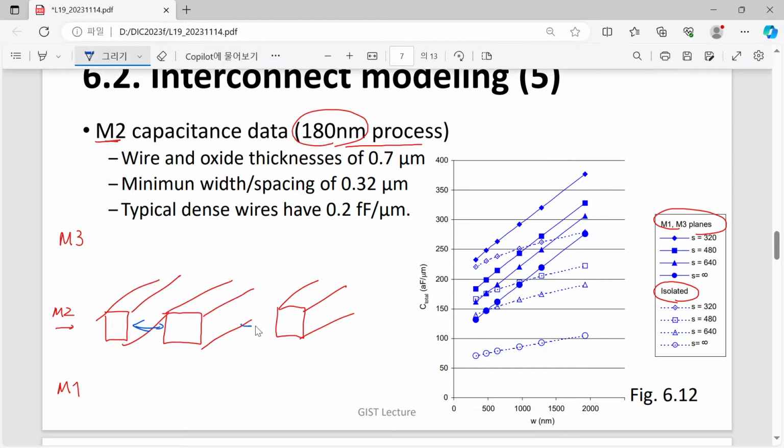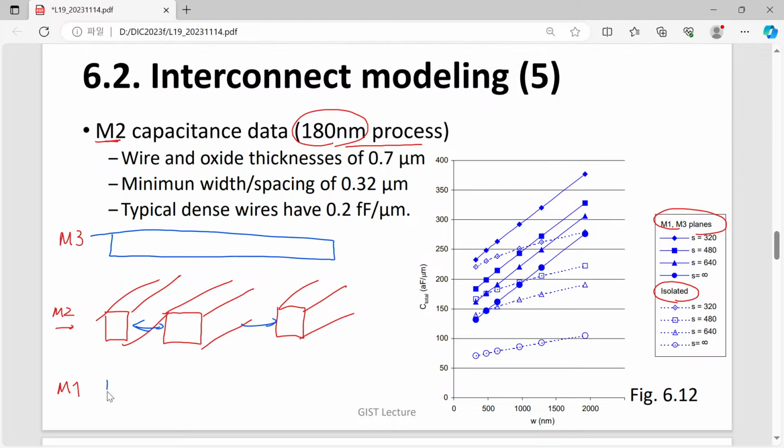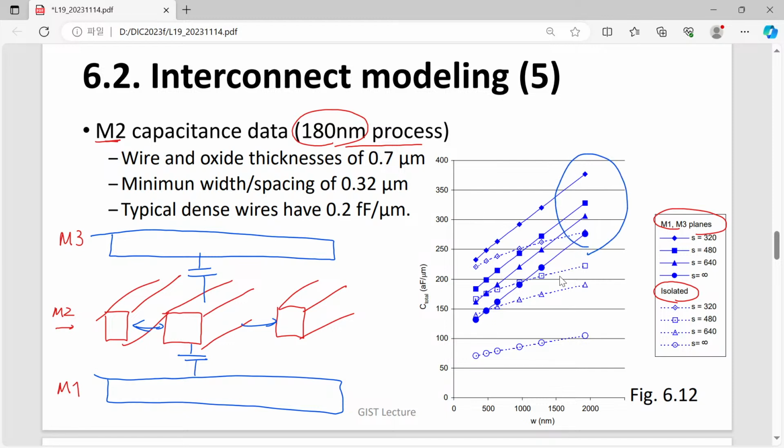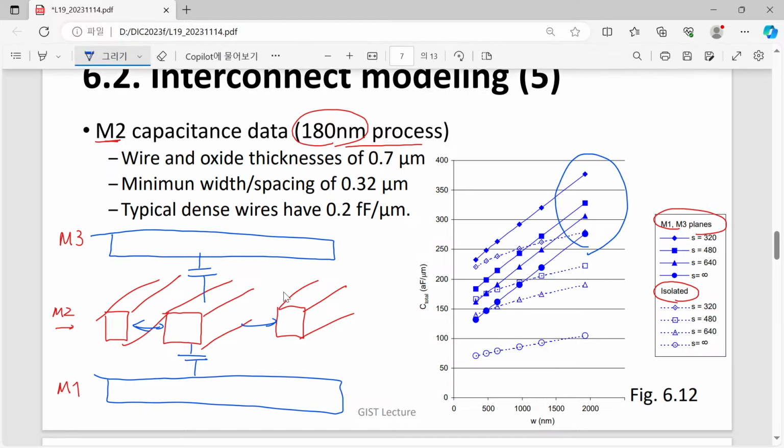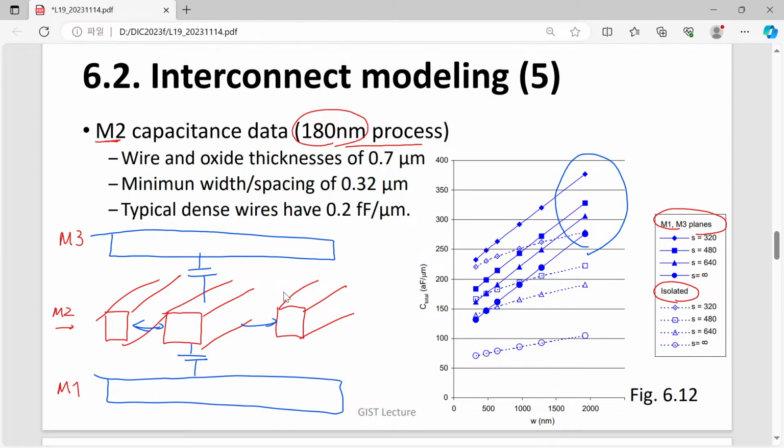And if we introduce here one metal plate and another metal plate, then what we will have is another coupling between M2 and M3 and M1 and M2. So the increased values here, the filled symbols, originate from this horizontal contribution and this vertical contribution.